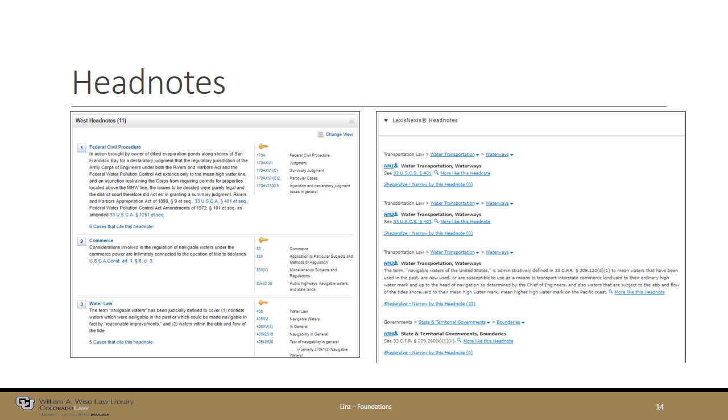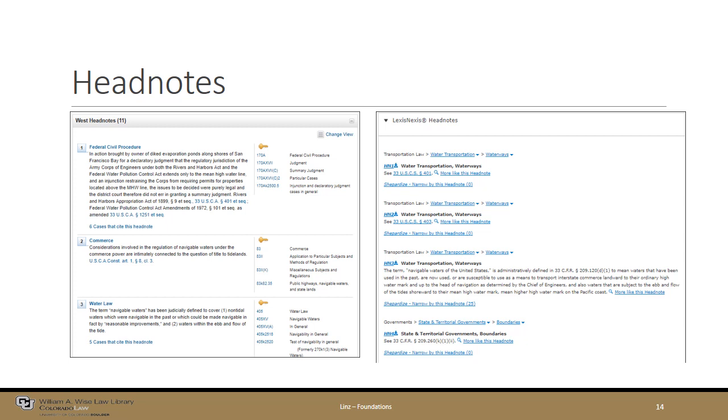And you can see from these examples, here are headnotes from Westlaw and headnotes from Lexis on the right-hand side. These are both drawn from the same case from those publishing companies. When the editor reads the case, they identify the various points of law discussed by the court in that case, and then they assign to it a headnote topic and a headnote subtopic.